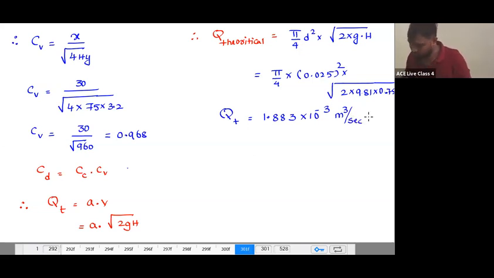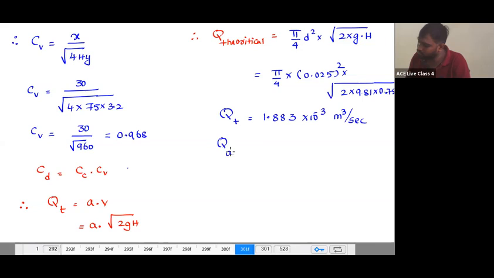So this is going to be, okay, find out this value: 0.025 square into pi into 0.25 into square root of 2 into 9.81 into 0.75. So 1.883 into 10 to the power of minus 3 meter cube per second. Everything is in terms of meters.